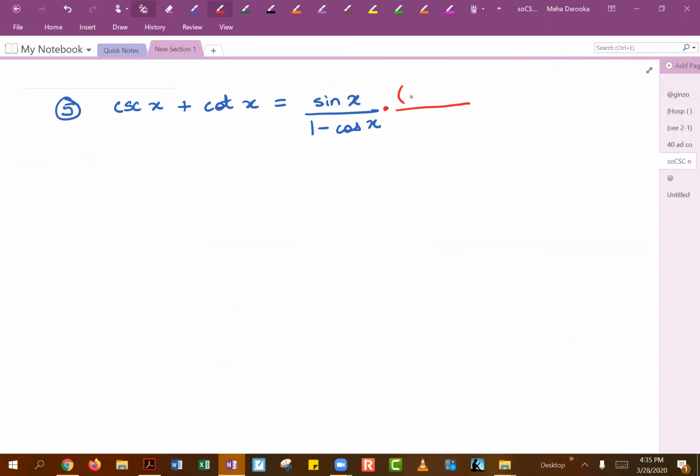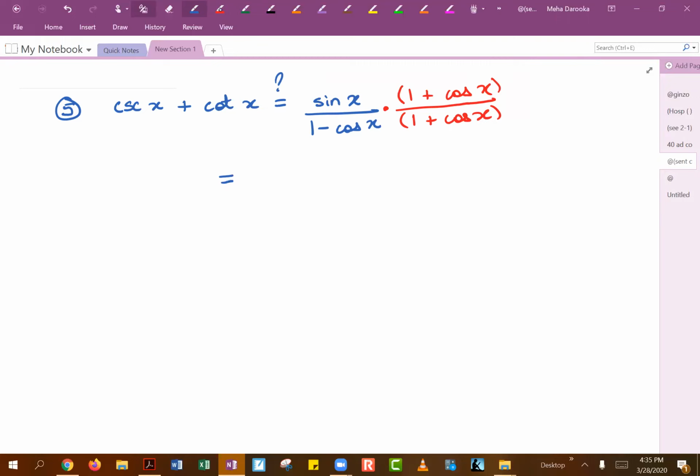So we'll multiply both the numerator and denominator by the conjugate of the denominator. So this guy is 1 minus cosine of x. You multiply by 1 plus cosine of x, both numerator and denominator. Okay. And again, we don't know if these two sides are equal.